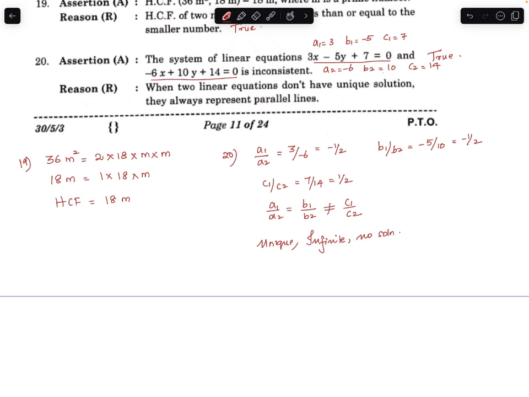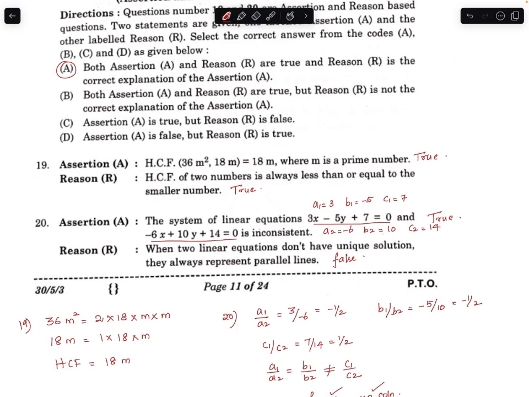So when the lines don't have a unique solution, they might have infinite solutions or no solution. So this reason statement stands false. Assertion is true and the reason is false. So the answer for this is option C. For the 19th one, it is option A.